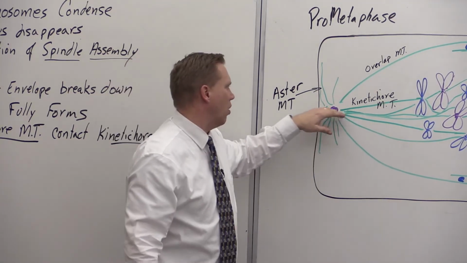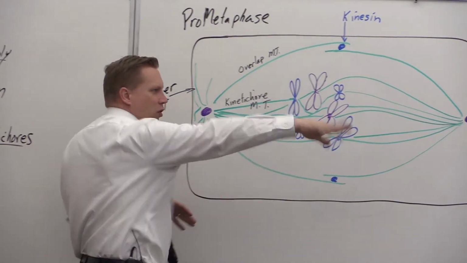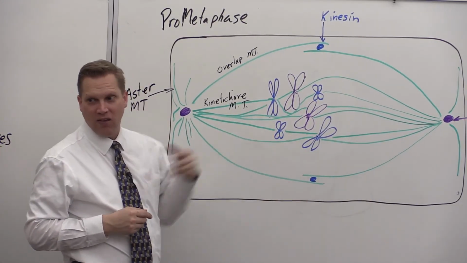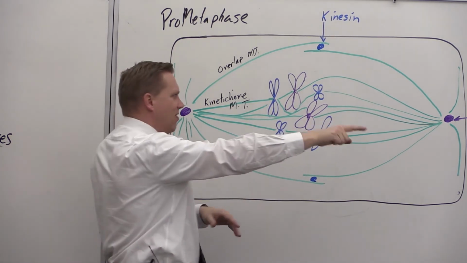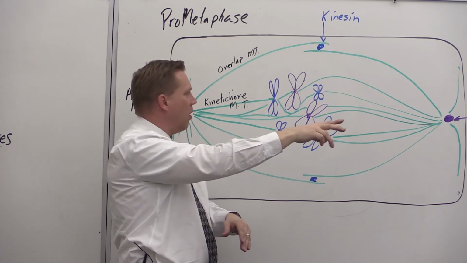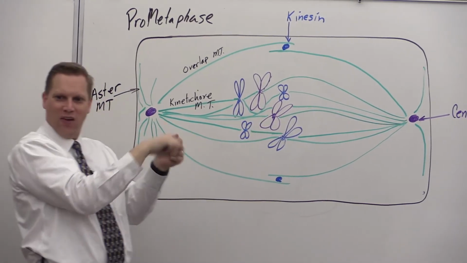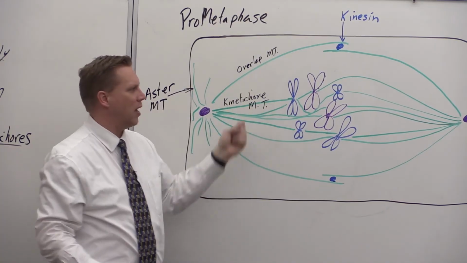And the centrosome right here is just kind of shooting out. Remember, they're dynamic, so it's shooting out these microtubules until one of them hits a kinetochore. And when it finds a kinetochore, it grabs onto it, and then it actually starts reeling it in. And so the kinetochore will start to move this way.